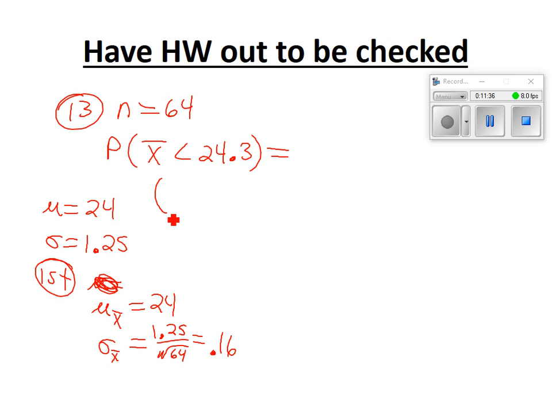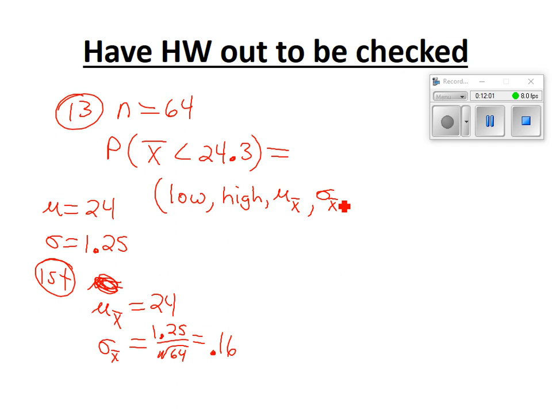What 4 things do we need to punch into the calculator to find the area, the probability? What do you put in first? Your low limit, then what? High limit, then what? That mu, then what? Standard error.